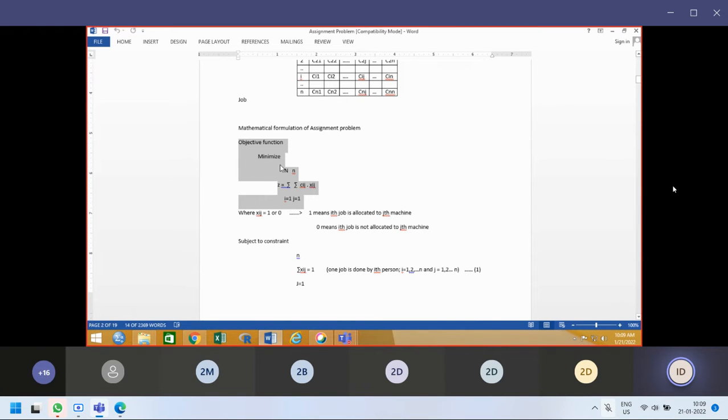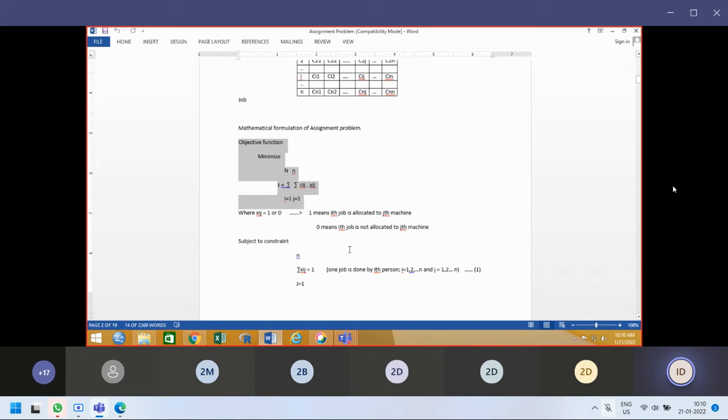It is minimization. Okay, let us ignore this mathematical formulation for now, right? In case of an offline examination, once again I will repeat the mathematical formulation, how it is to be derived. Then, subject to constraints.